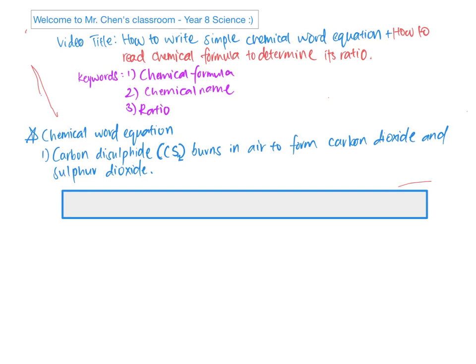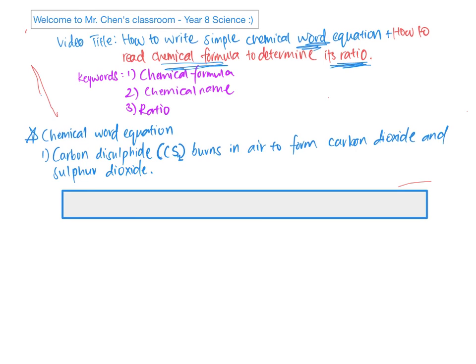So today in science we will talk about something really interesting. We're going to learn how to write simple chemical word equations, emphasis on the words, and how to read chemical formulas to determine their ratio.